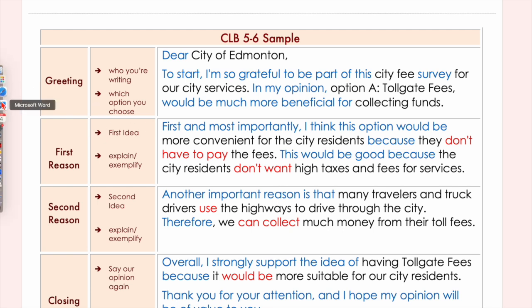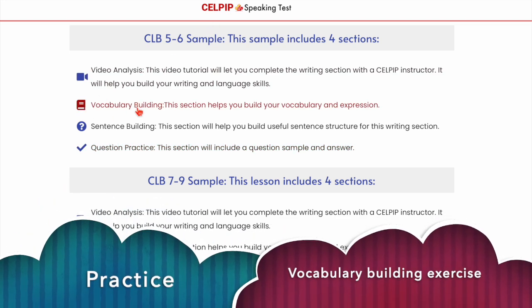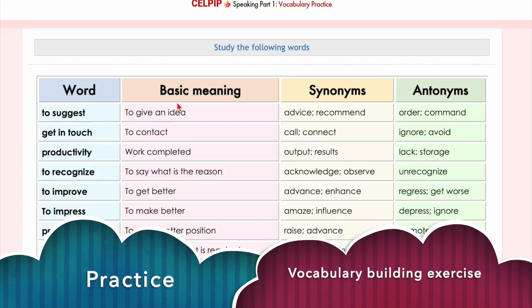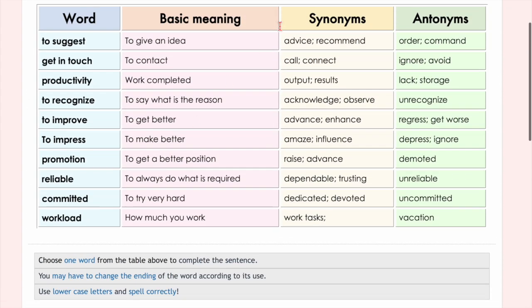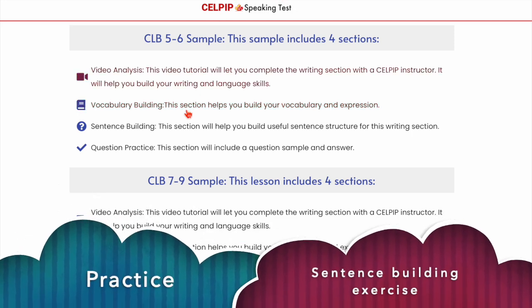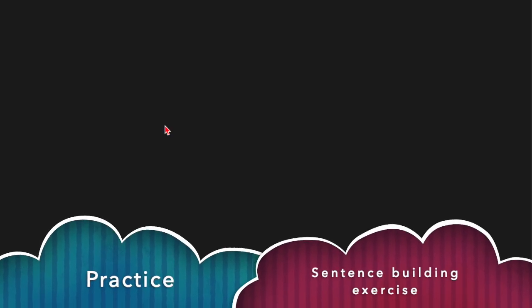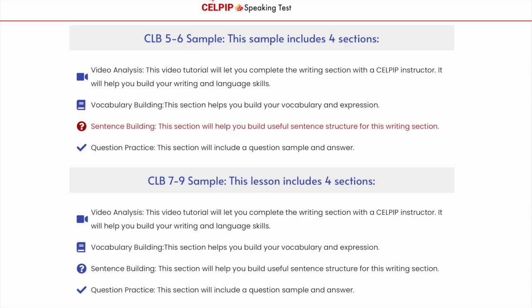And also, what about vocabulary building? Very important for lower levels. This vocabulary exercise is great for building your vocabulary, okay? And also, sentence building. This sentence building exercise is excellent for you to improve your sentence structure.